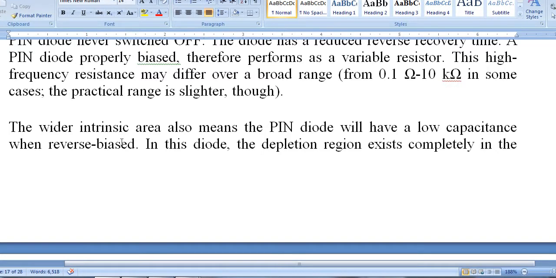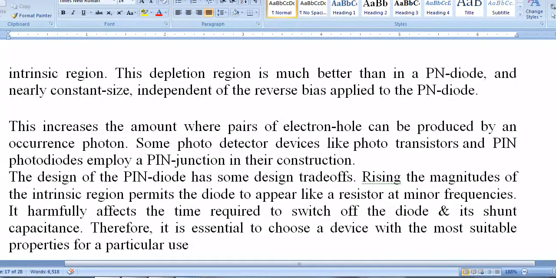The wider intrinsic area also means the PIN diode will have a low capacitance when reverse biased. In this diode, the depletion region exists completely in the intrinsic region. This depletion region is much larger than in a PN diode and nearly constant in size, independent of the reverse bias applied.